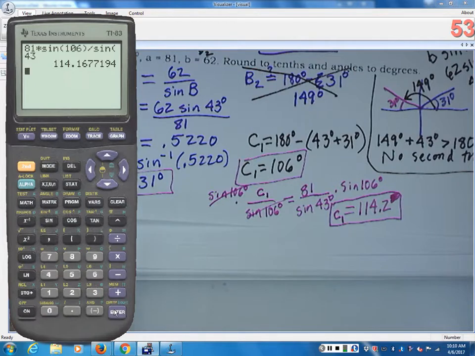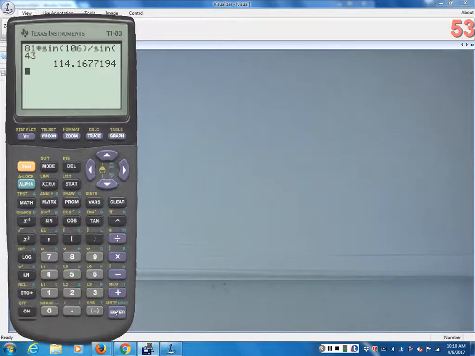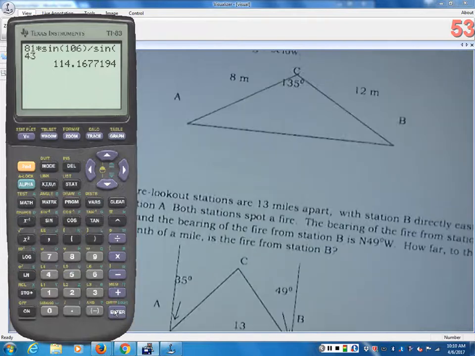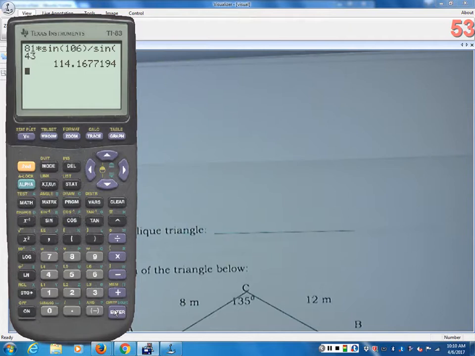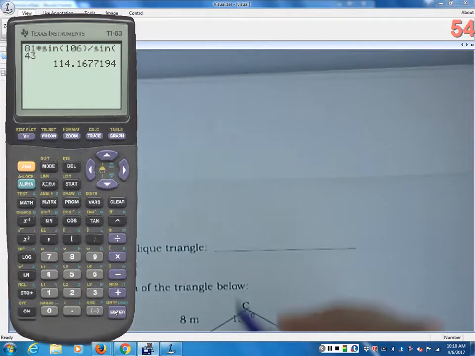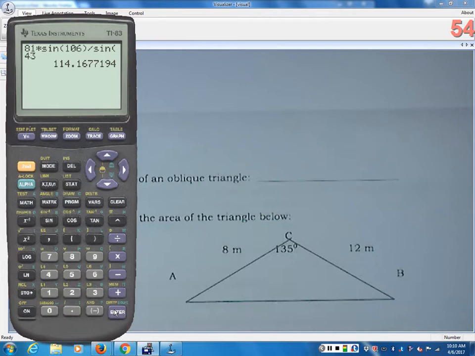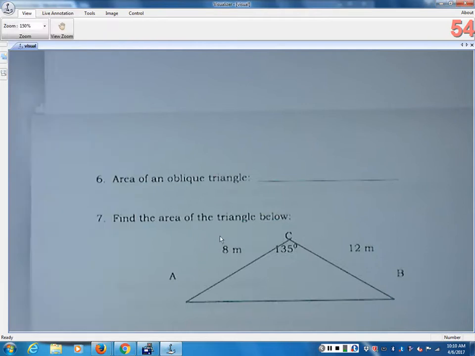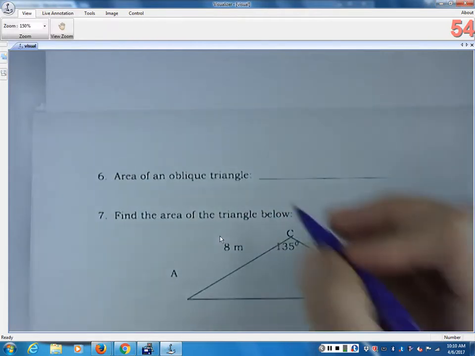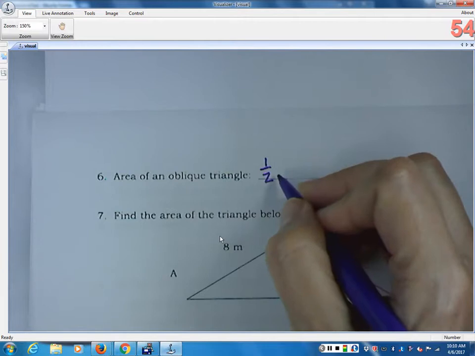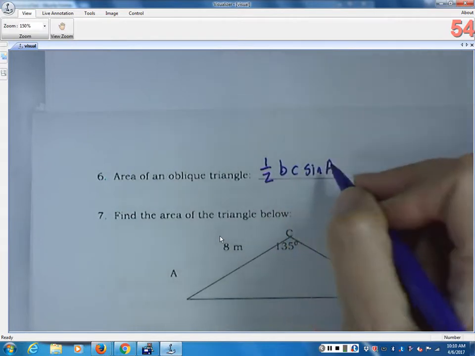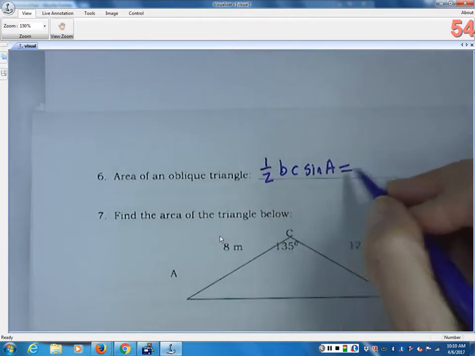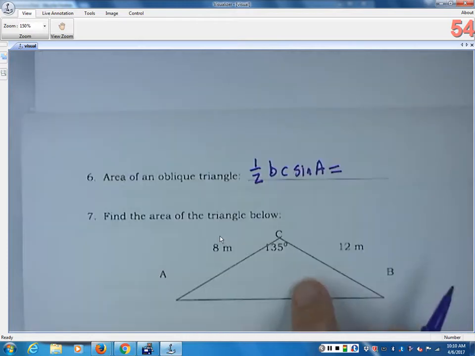Okay. Ready? All right. The area of an oblique triangle we can find with this formula. The area of an oblique triangle is 1/2 BC sine A. Or, it depends what you're given.